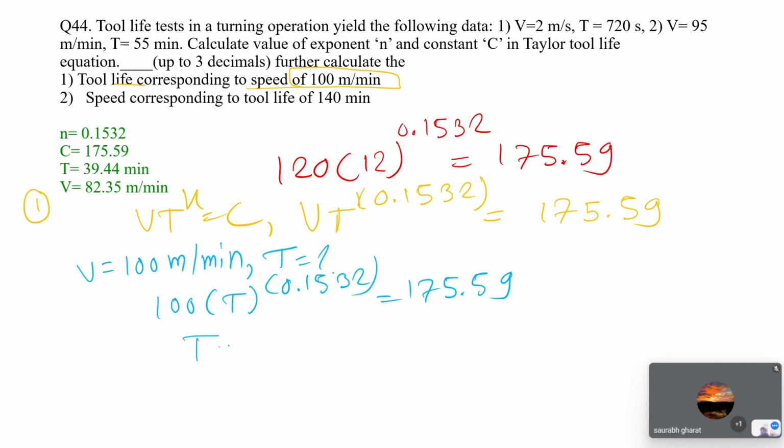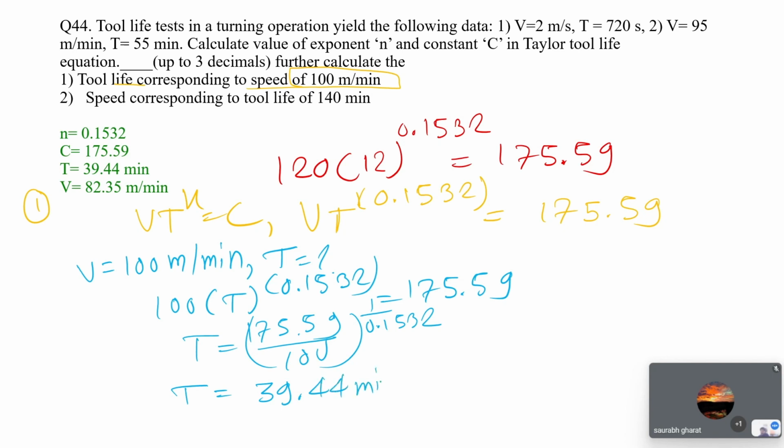T. Okay, you know that 175.59 divided by 100, raised to 1 by 0.1532. So you know what is the T? Equal to 39.44 minute. This is your T.